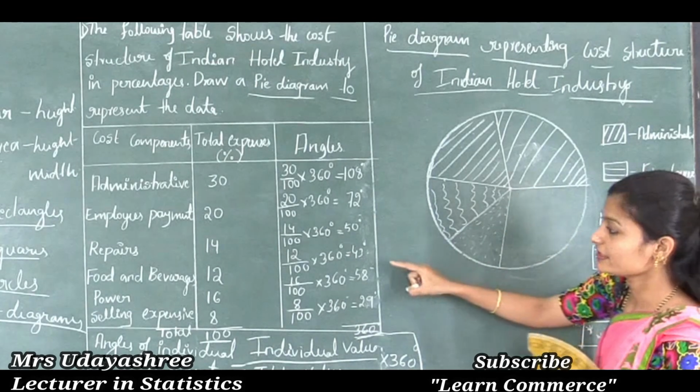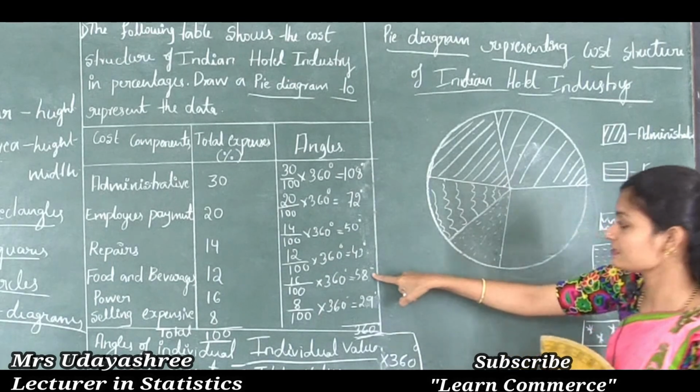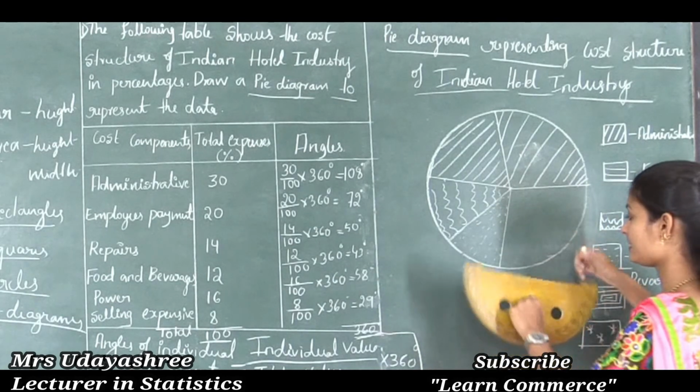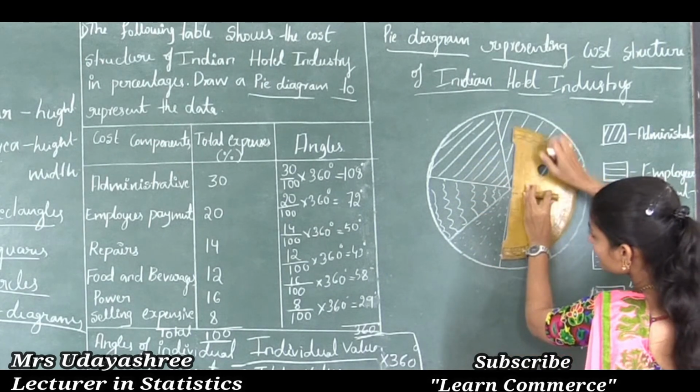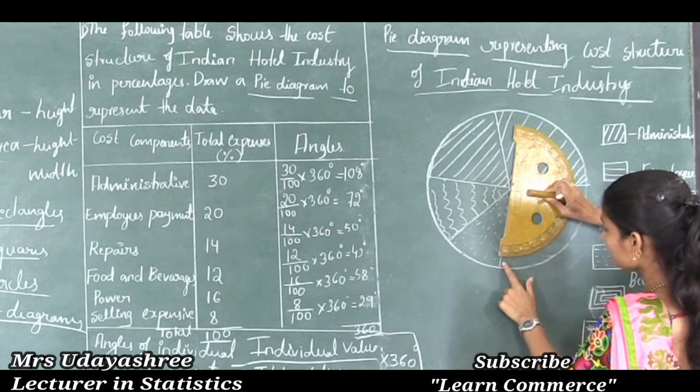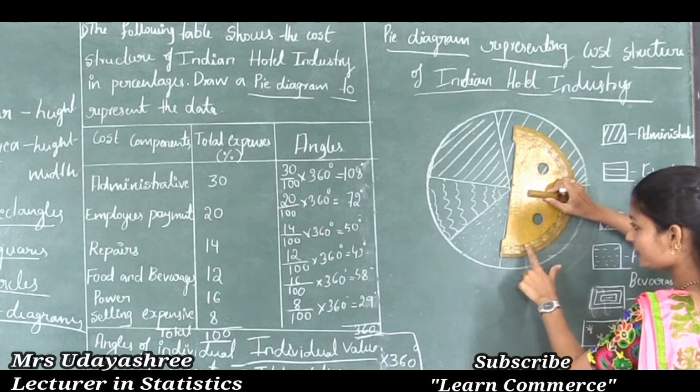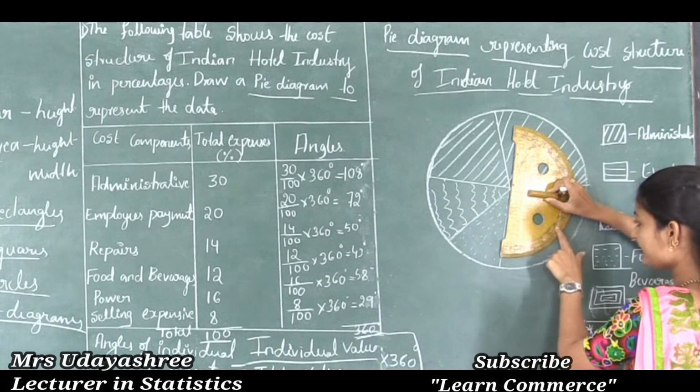Okay, next is power. So power is 58 degrees. So again we need to keep this like this on this mark. So here it is 0, 10, 20, 30, 40, 50, and here it is 60.